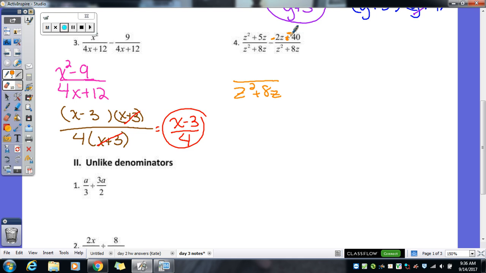So I always make sure I distribute that subtraction sign so I remember to actually subtract them. So I get a z squared out in front because there's only that one z squared in the first fraction. 5z minus 2z would give me a 3z. And then we just have that minus 40 at the end.